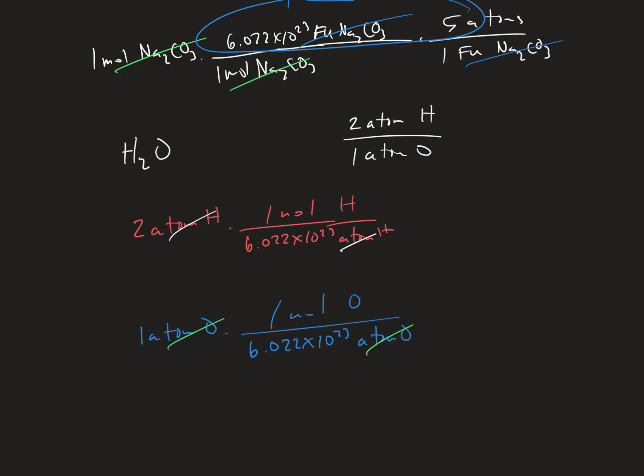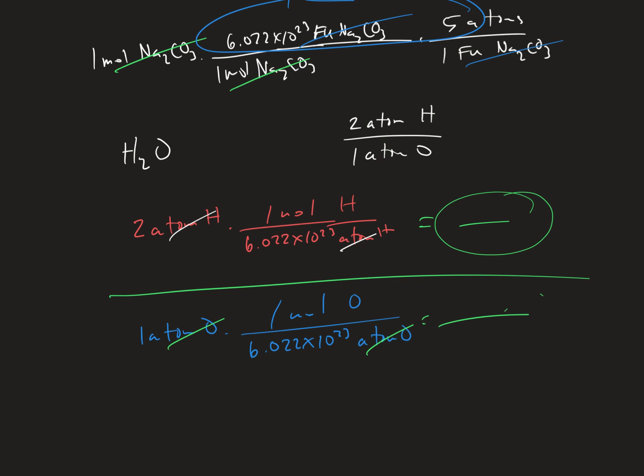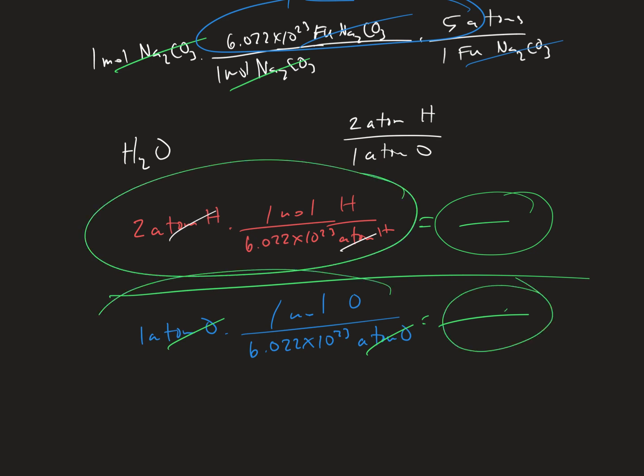You following me? I'm going to get a number here, and a number here. Can I just say the ratio is whatever we get here over whatever we get here? Is that the same thing as this divided by this? What cancels? That ugly number. 2 times 1 is 2 moles to every 1 mole.